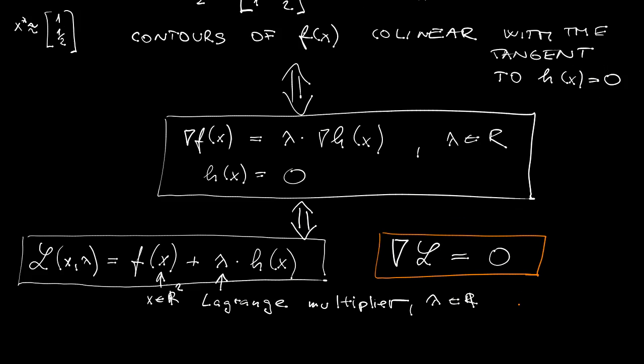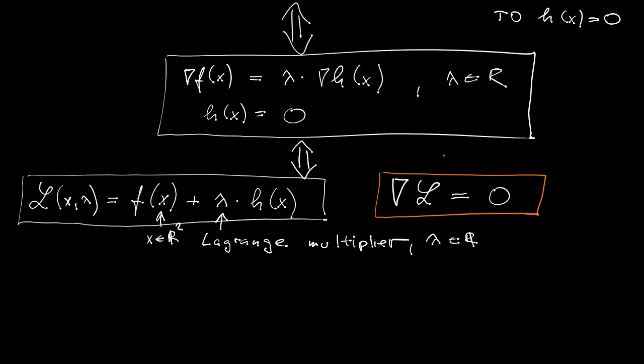Now, if you cannot see that these two formats of the conditions are identical, just recall that the Lagrangian function is a function of both x and lambda.